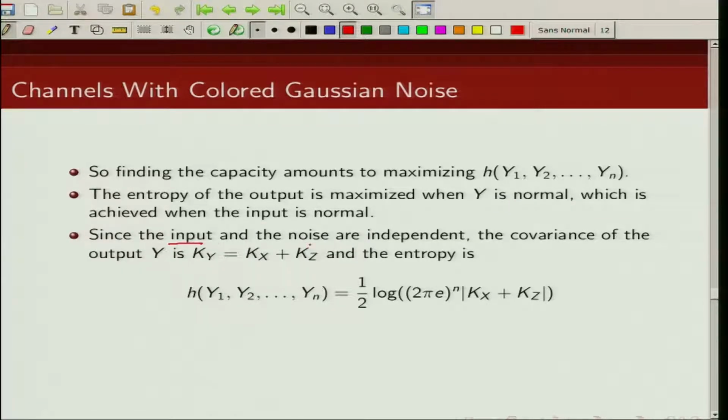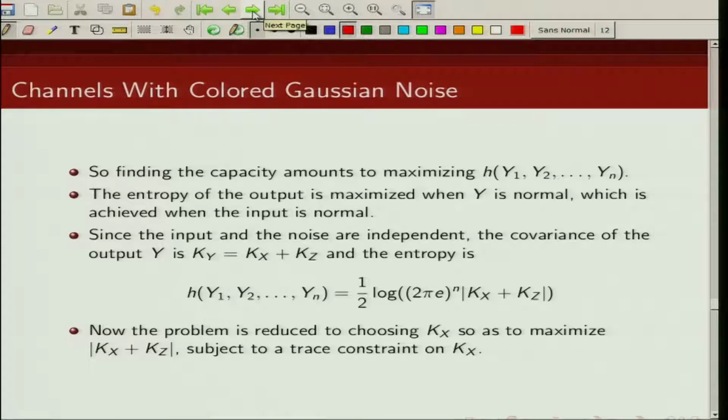Now since input and noise are independent, the covariance of the output, which we denote by K of y, is equal to K of x, which is the covariance of the input, plus covariance of the noise, which is K of z. So differential entropy of y1, y2, y3, yn can be written as half log of (2 pi e) raised to power n, times determinant of the covariance matrix of the input plus covariance matrix of the noise.